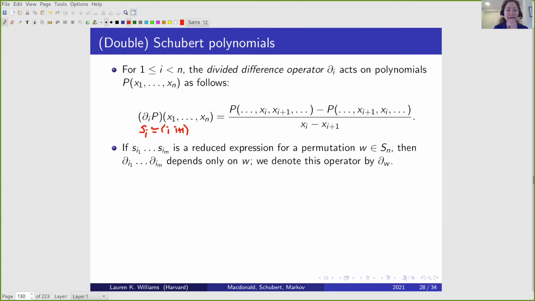Now if s i1 through s im is a reduced expression for a permutation in Sn, then one can check that the concatenation of divided difference operators, del i1 through del im, depends only on w and not on the particular reduced expression we chose. In effect, we can talk about the divided difference operator associated to a permutation w.